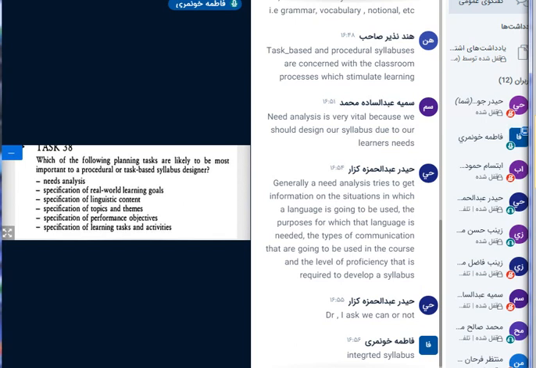It means that we use the points of strength of a number of different syllabuses, like the grammatical syllabus, how best grammar can be taught according to modern theories of language learning and teaching, how best vocabulary can be taught, how best you can teach pronunciation, how best you can involve tasks in your syllabus. So it's possible to have a combination of all different types of syllabuses, as is the case with many of the commercial books available these days.